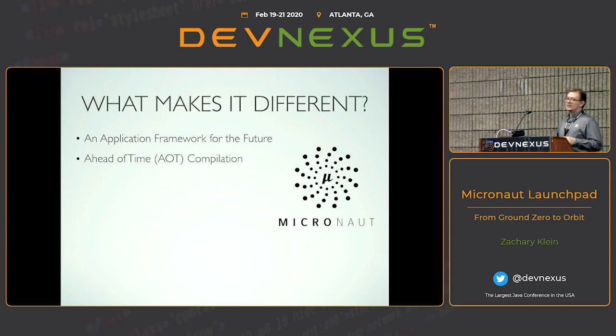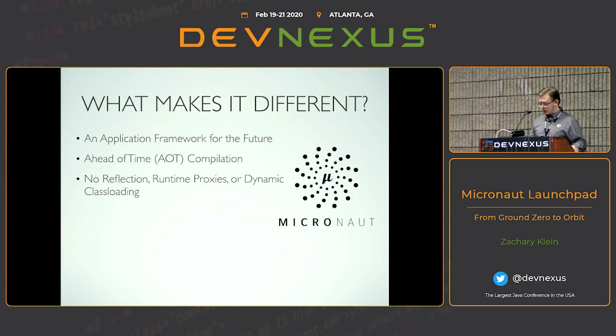And that means that things that normally would happen while the application is either starting up or while it's running are now baked into the bytecode of your application. And that drastically reduces the amount of stuff that the framework has to take care of when your application is actually on the stage and doing its job. And that's really where most of Micronaut's benefit comes from: a lack of reflection, runtime proxies, and class loading at runtime.